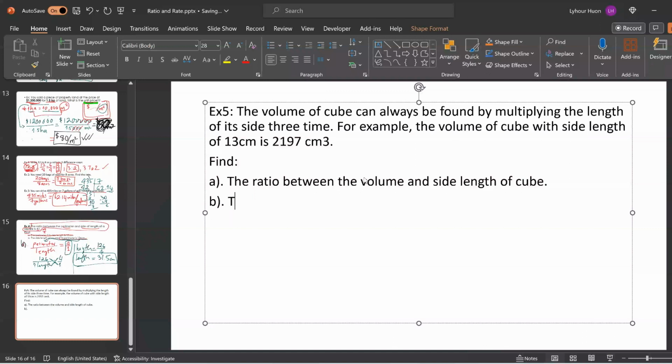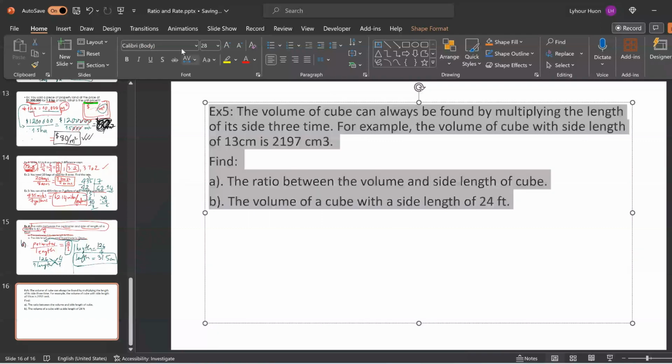B. Find the volumes of cubes with side lengths of 24 feet.